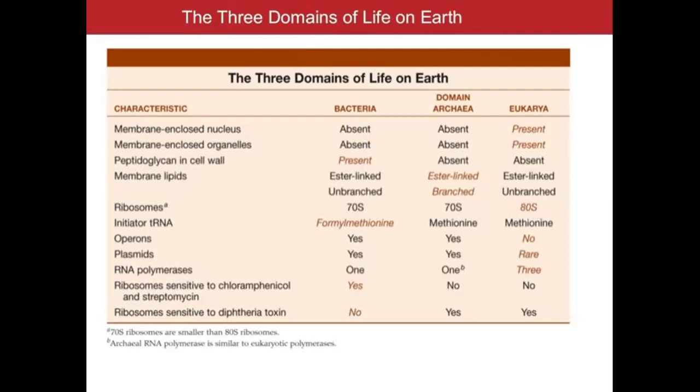Meron akong illustration later on what do we mean by subunits, okay? For the initiator transfer RNA, both Archaea and Eukarya are methionine, while kay bacteria is strictly formyl methionine.